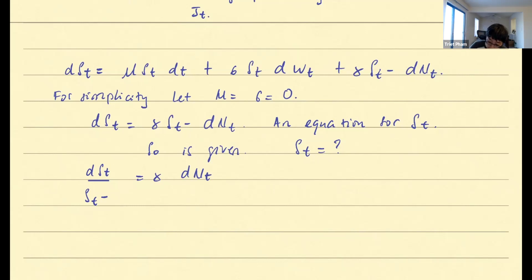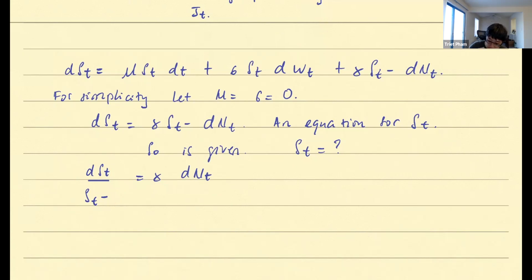You can still define the return, a percentage return like this. But if you have a pure jump process like this, what is the value of the stock price?